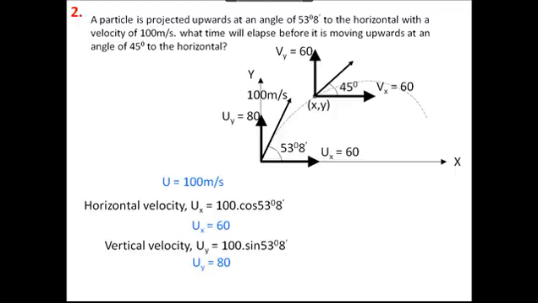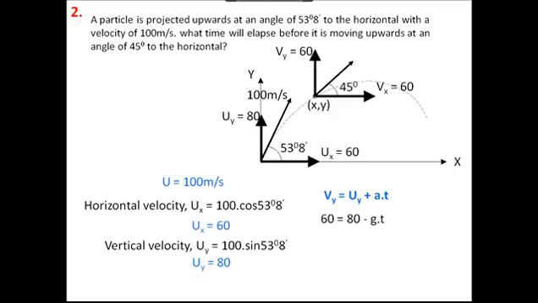So here is a situation, just look at the figure. Here is a situation where I know the starting upward velocity of the projectile as 80. Then after some time, the velocity has become 60. So I can write v is equal to u plus at in the vertical direction: vy is equal to uy plus at.